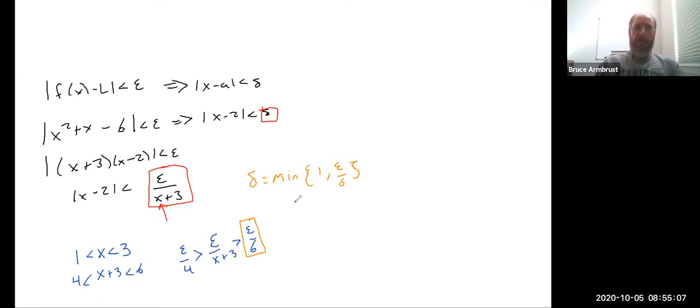But again, the problem itself suggested that I wanted to use 1 because it actually said so. All right, so is that better for that one? And again, your numbers might be a little bit different depending upon your specific function, but it's this kind of process.